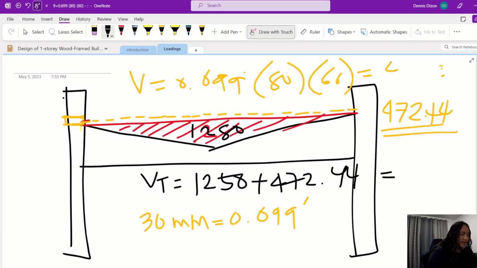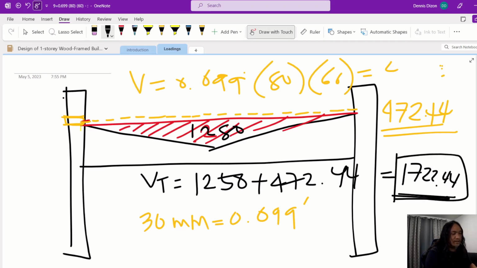Therefore, the total volume is 1722.44. Now, this is higher than the total volume from the precipitation.